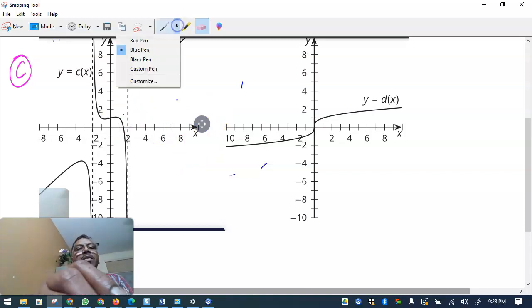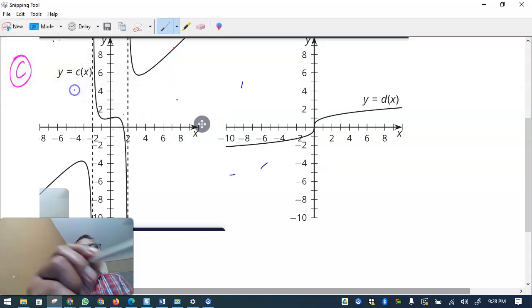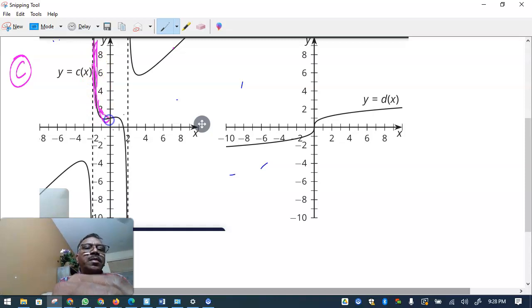Or you can also use your notebook, your paper, and say, okay, let this graph, let me first reflect over the y-axis. So this will go something like this. So this will go this way, and then it will go down, right? To this part.